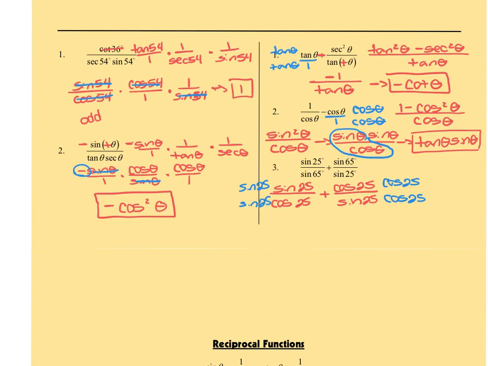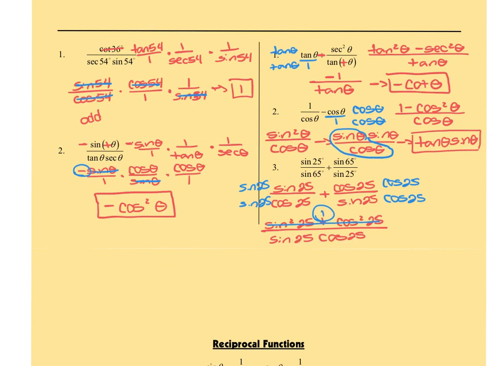So now the numerator is going to become sine squared 25 plus cosine squared 25, all over sine 25 times cosine 25. And again, we've got one more Pythagorean identity, that numerator sine squared plus cosine squared. This whole numerator simplifies to a nice 1. So I have 1 over sine 25 times cosine 25.